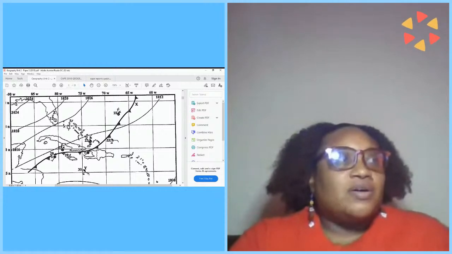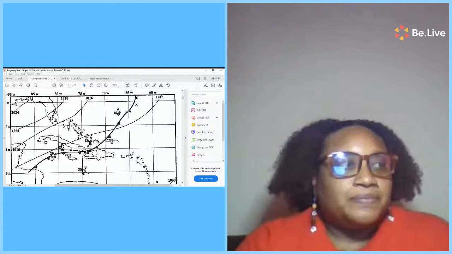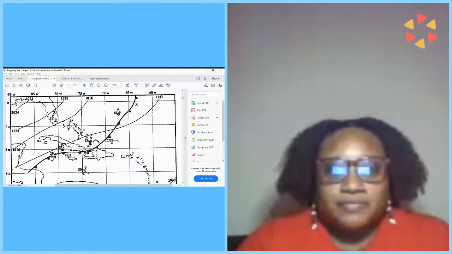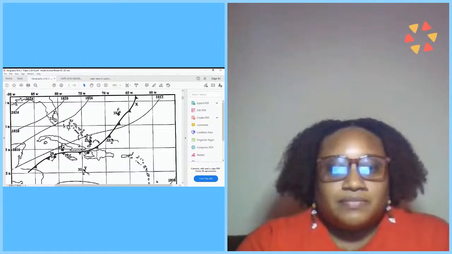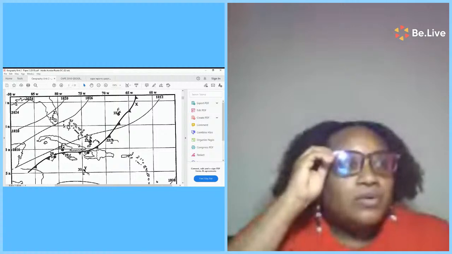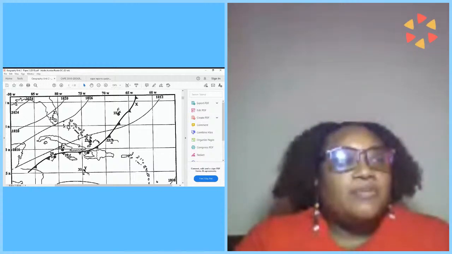Because this is a cold front, what direction will it travel? Cold fronts come from where?